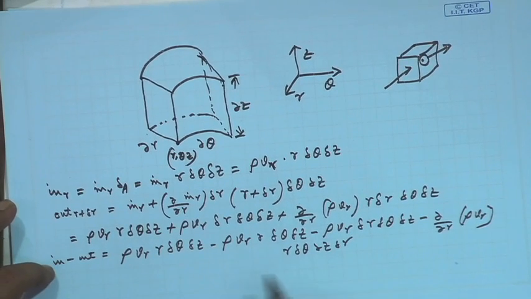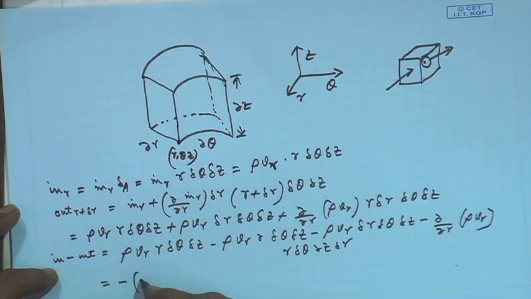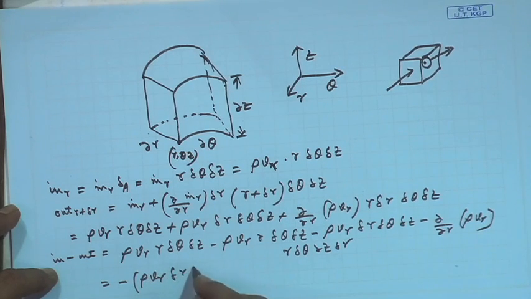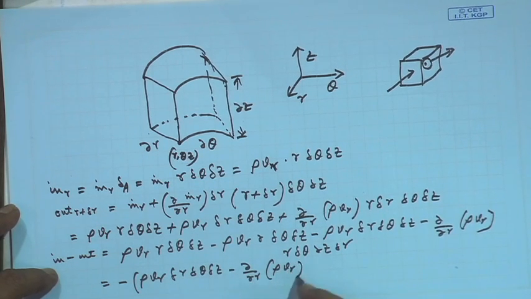So, this on simplification gives us minus rho V r del r del theta del z minus del r of rho V r del r del theta del z, right.